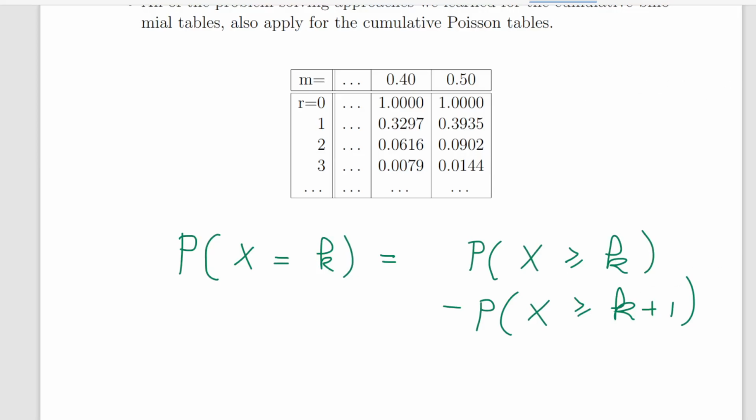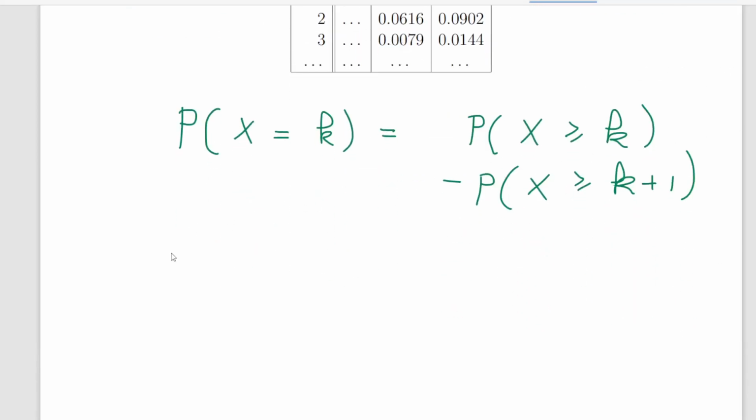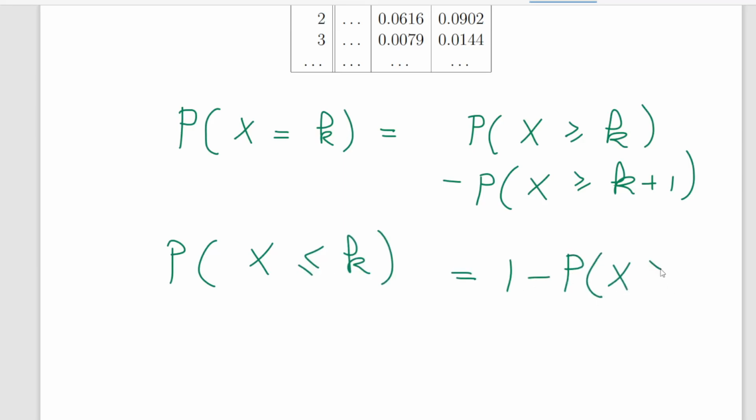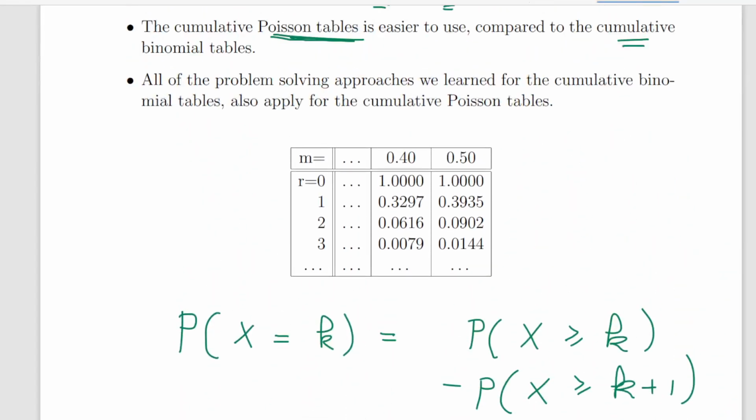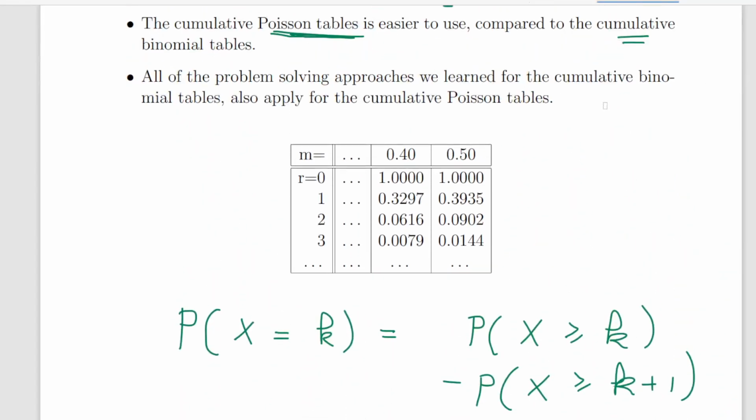Something you might also be asked is the probability of x less than or equal to k. Well, that would be 1 minus the probability of x greater than or equal to k plus 1. Remember, we are dealing with a discrete probability distribution. So this is the complement of that. That's what I mean by all the problem solving approaches we learned for the cumulative binomial tables.